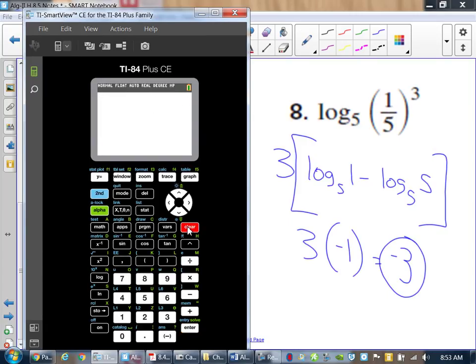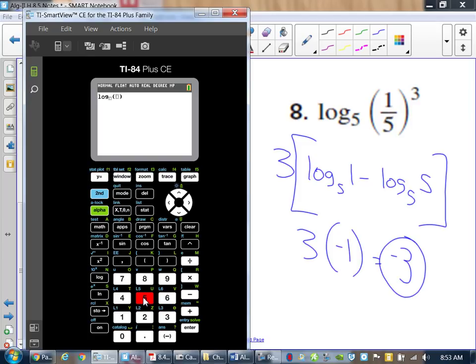So let's say I wanted to type in the log base 5 of 1/5 to the 3rd just to check my answers. If you hit alpha window, option number 5, that gives you log base. Then it automatically is blinking on the cursor for your base.